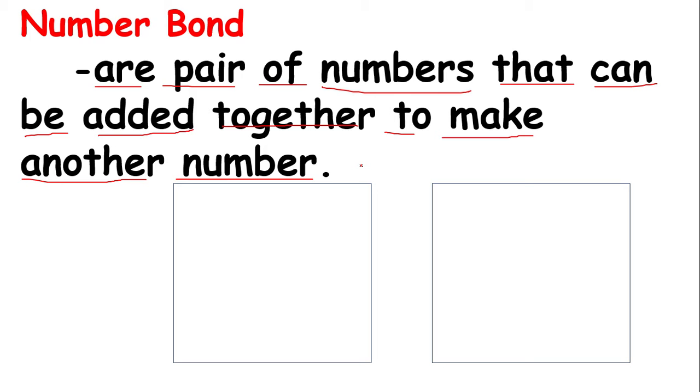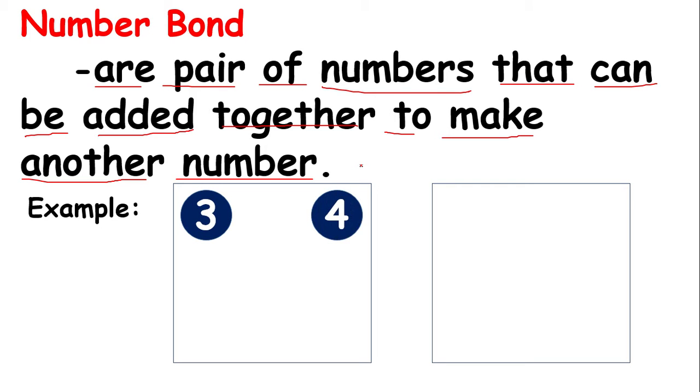Let's take a look at this example. In box A, we have here the numbers 3 and 4. If you add these two numbers, we will get another number. 3 and 4 is 7.